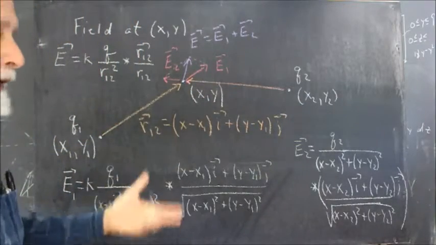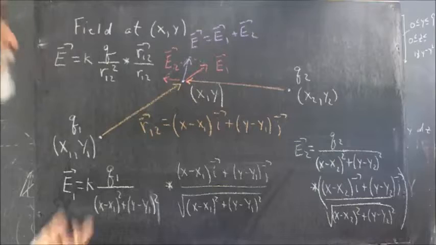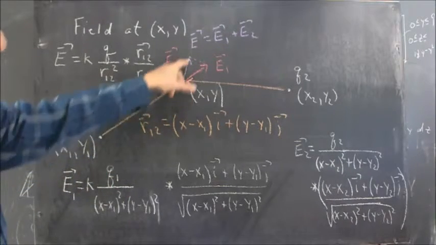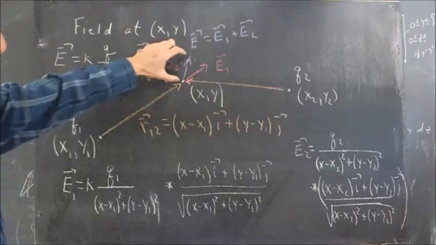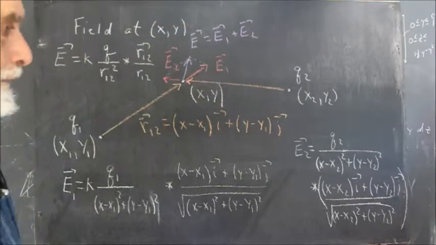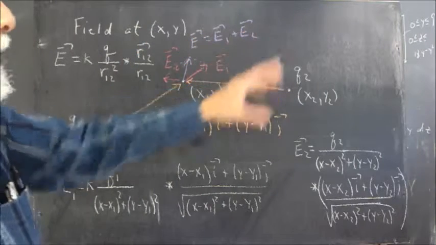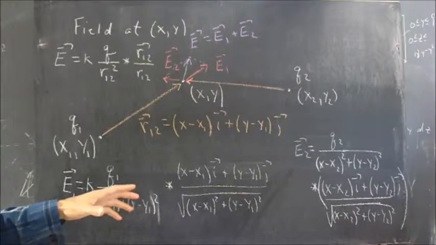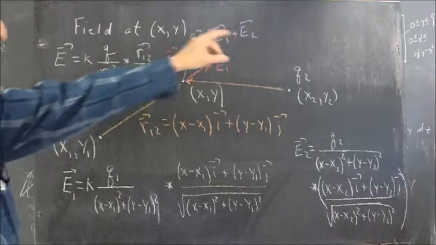And if there are more charges, we calculate the electric field due to each of them. The resultant electric field is E equals E1 plus E2 in this case. It would be the sum of all the electric fields from all the other electric charges if we had more than two.